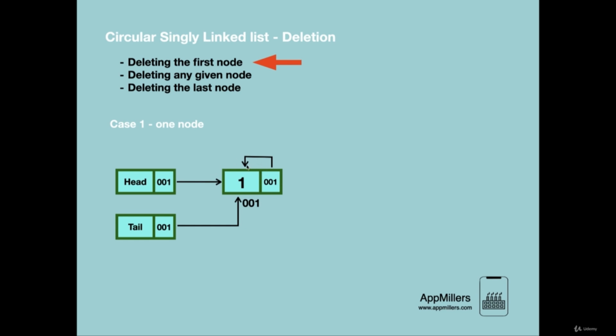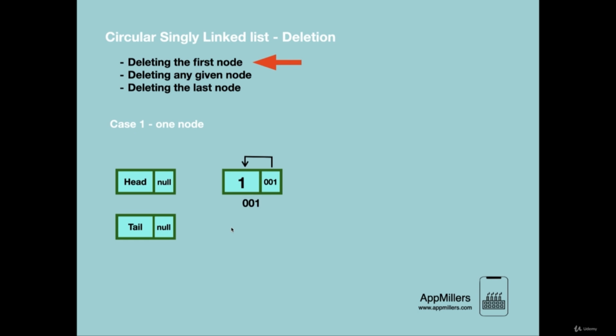To delete this node, the first thing that we are going to do is update the reference of head to null. By doing this, we are deleting the connection between head and this node. Then we will continue to update the tail reference. If we update the tail reference to null, it will delete the connection between tail and this node.